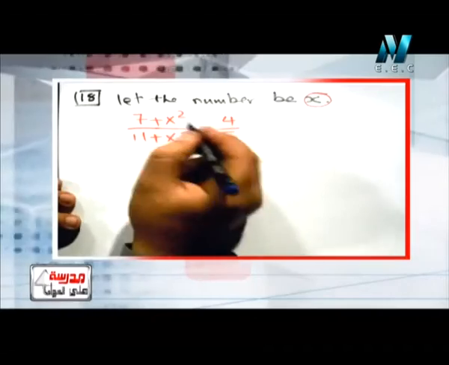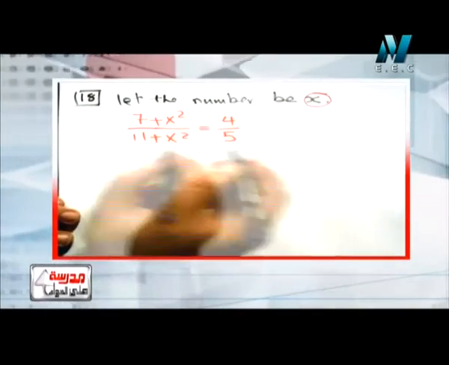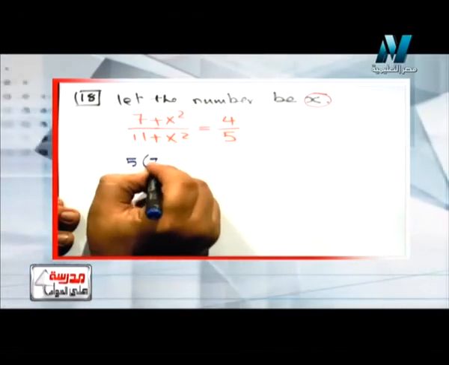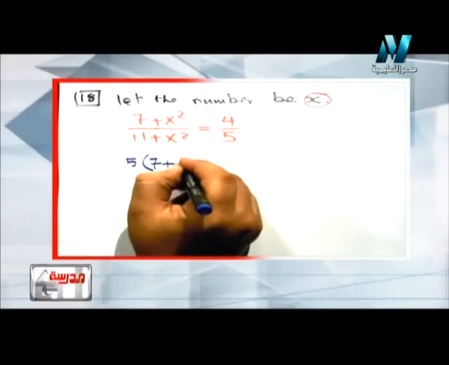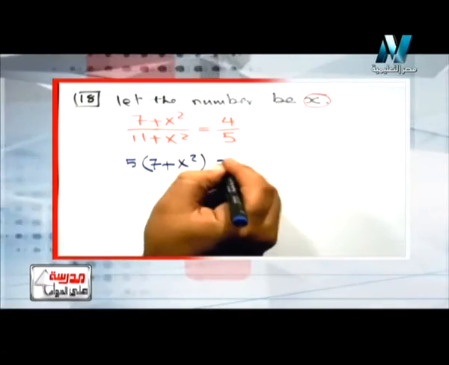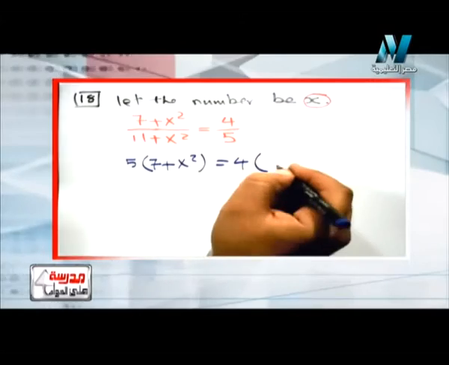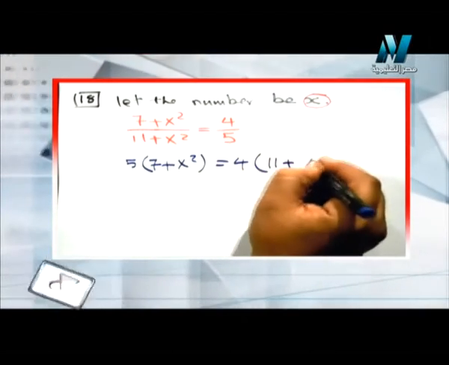The product of means equals the product of extremes. So 5 times 7 plus x squared equals 4 times 11 plus x squared.